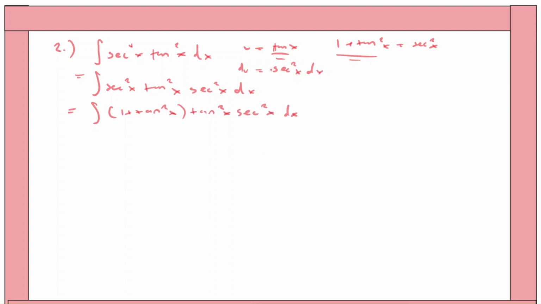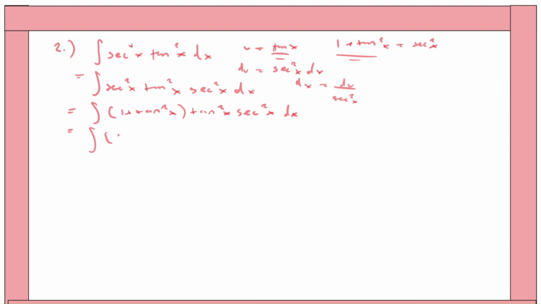Okay? Now we know that we have everything in place. Everything but the secant squared is in terms of tangent. So we're just going to go ahead and solve for the dx, which means just like before, dx would equal du over secant squared of x if we just divide by secant squared. Now that we have that in place, we can turn everything in terms of u for our u substitution.